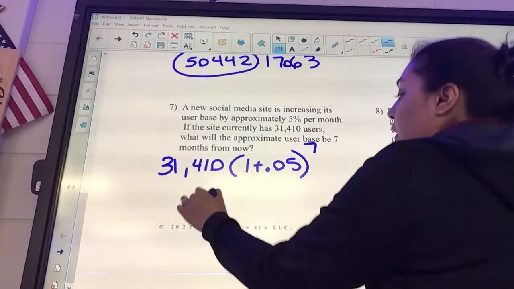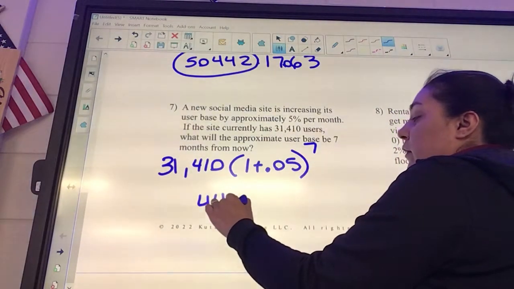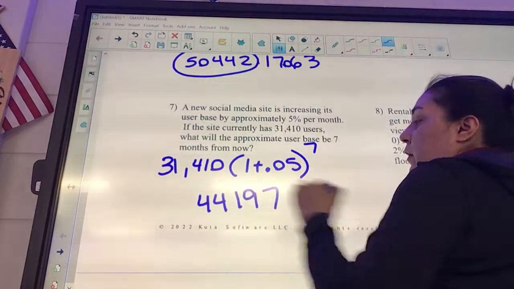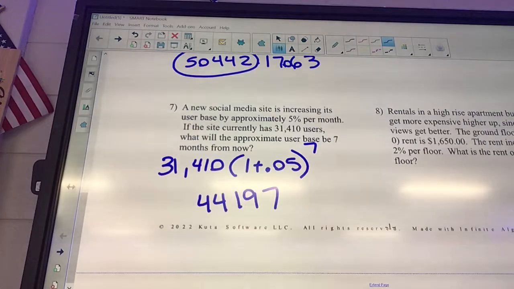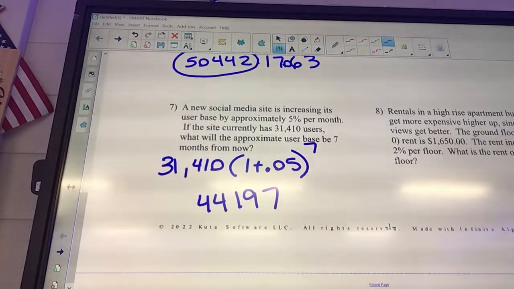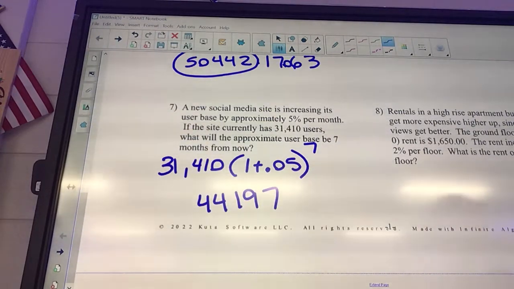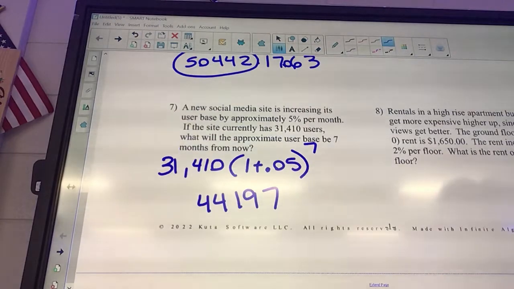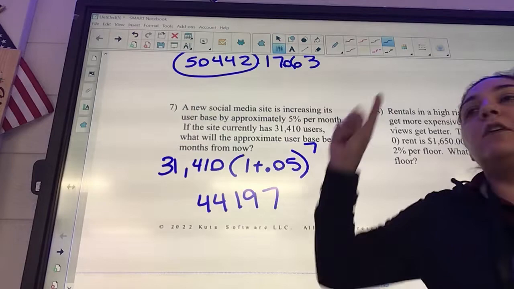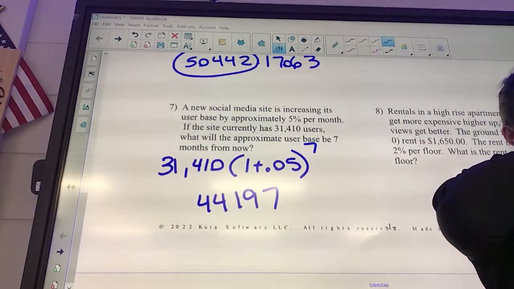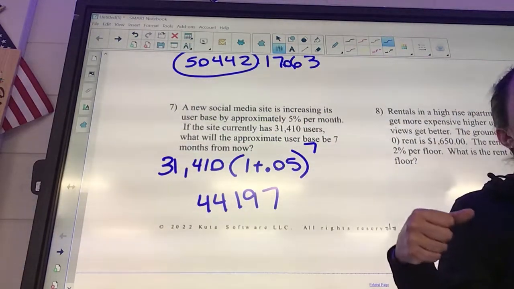44,197. Okay, why did you do no decimal? Because it's asking how many people. Yeah, you're right. Now, what was our starting amount? 31,400. What's our ending amount? 44,000.